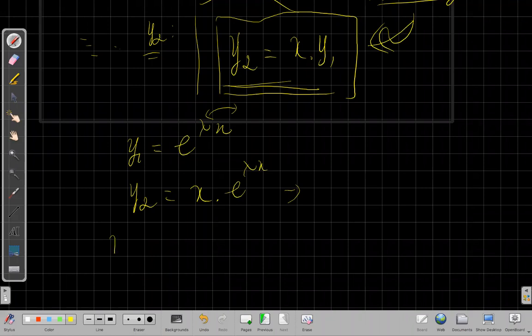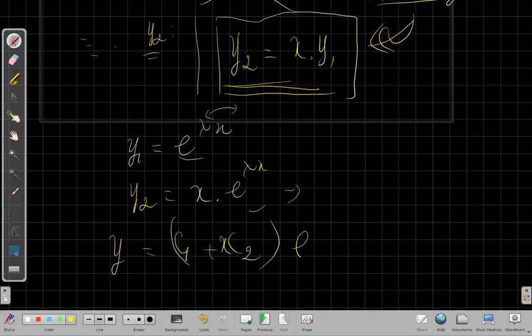So we have C1, C2, because we group this almost the same way, so C1 e^(lambda x) plus C2 x e^(lambda x), where lambda equals minus a over 2. So this is the equation we can use. You don't need to show step by step from this one to this one.